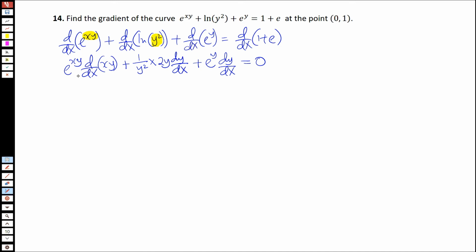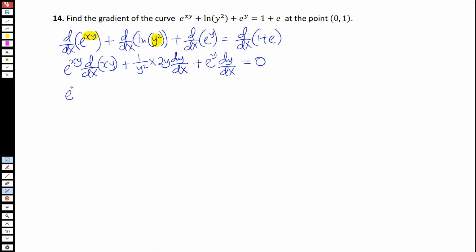Okay, now at this point, we come back to this portion here. Here we have a product of two functions. So basically, we have to apply product rule here to find the derivative of that.